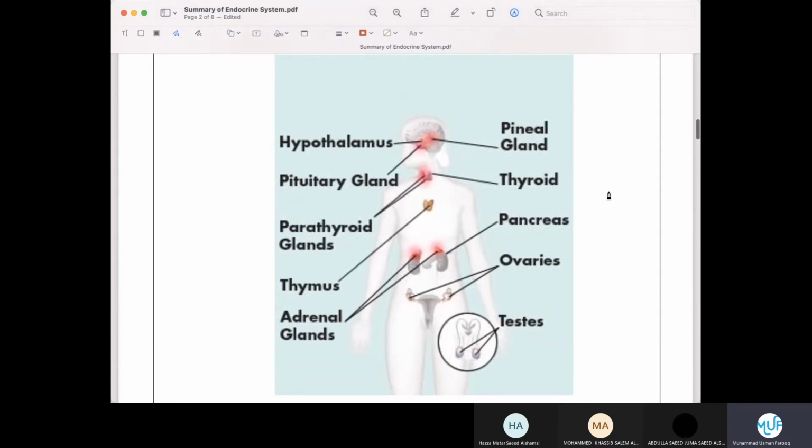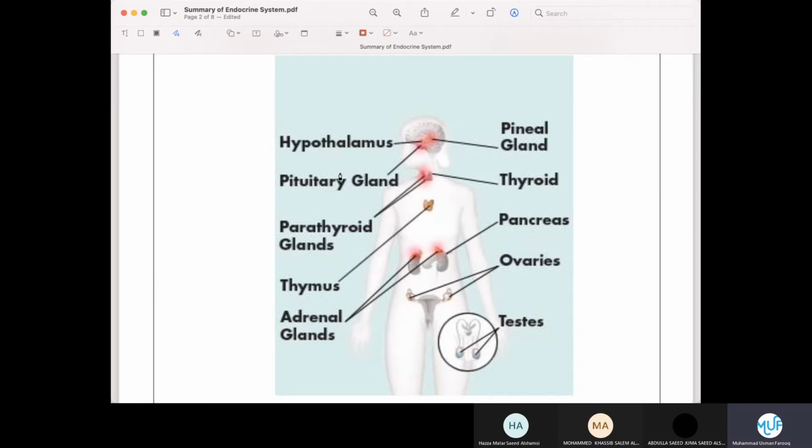This is the diagram. If this diagram comes in your exam and they label them as A, B, C, D, you should be able to understand and label them. The most important hormones are listed here. We will go down to see more details of these.